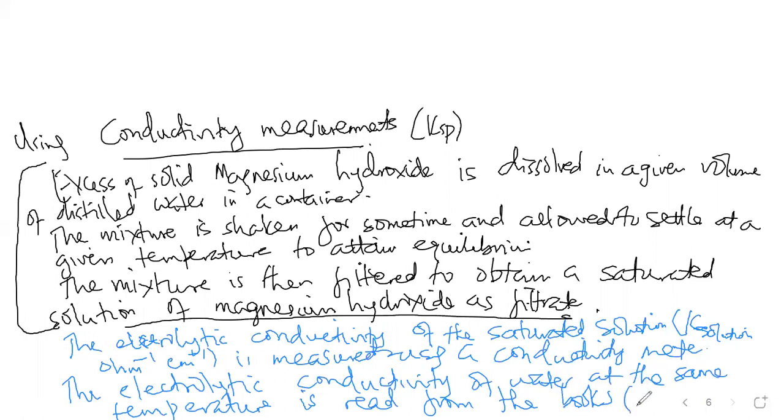This one is normally denoted as K water, with units still the same units as we have seen, per ohm per centimeter.